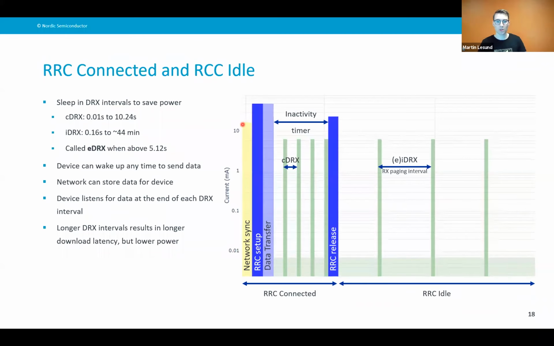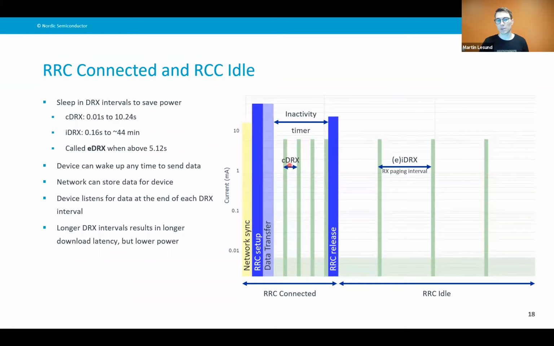You sync with the network, you set up the radio resource control, and then you send your data. When you don't have anything to send, the network has an RRC inactivity timer. This is different from network to network. Some networks can have a couple of seconds, while some networks can have minutes. So this is important to test out and check out.